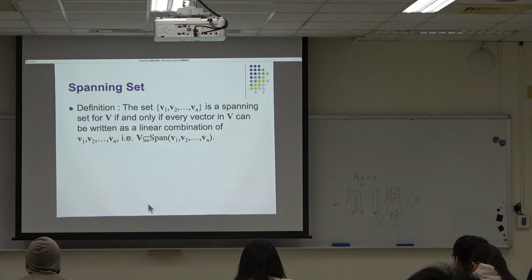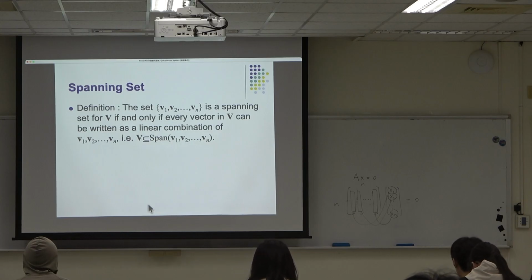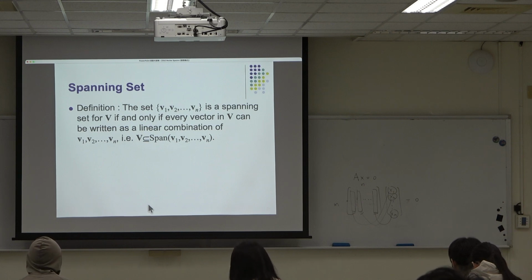Here, the set V1 to Vn is a spanning set for V if and only if every vector in V can be written as a linear combination of V1, V2, up to Vn. So this is an if and only if. First, this is a definition, so I don't need to prove that.